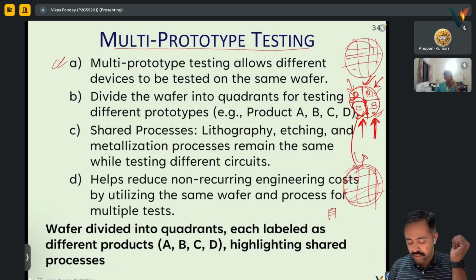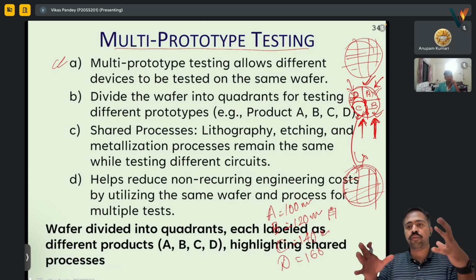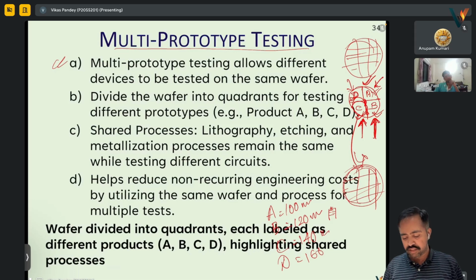So what should be the optimal distance between these? Say for A, I kept 100 micron, B 120 micron, C 140, D 160. Like that, I divided the whole wafer, say not exactly in quadrants but into different zones.